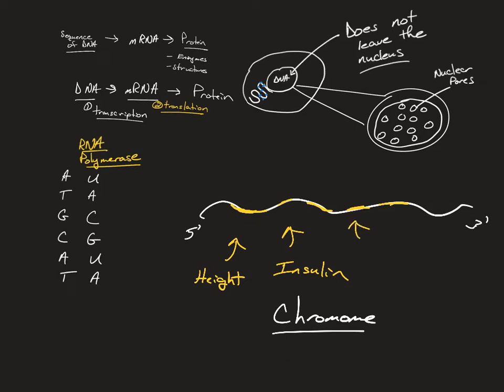Maybe this gene helps deal with skin color, melanin. Maybe this one has to do with how many toes you have, so you might have an extra one or whatever.